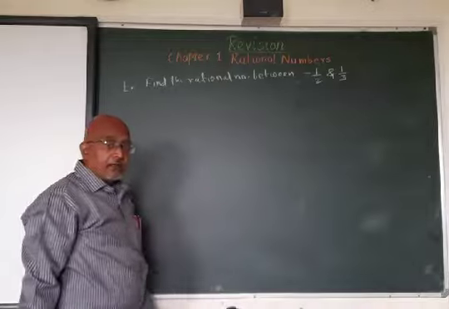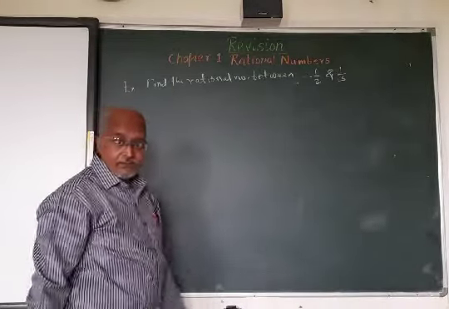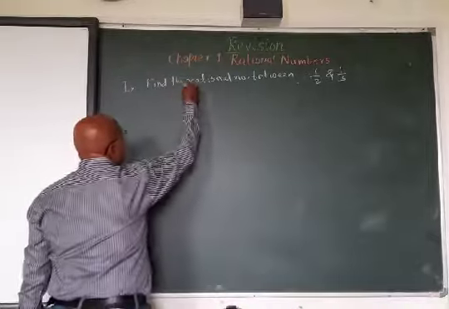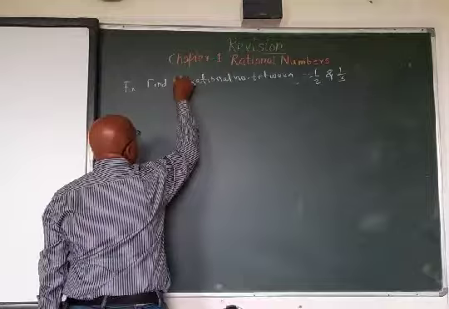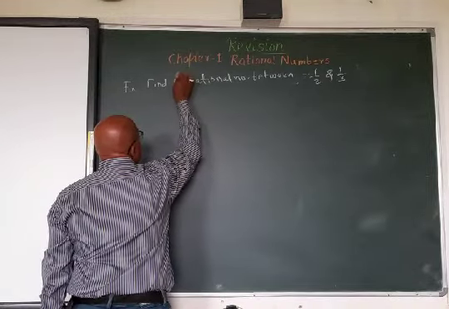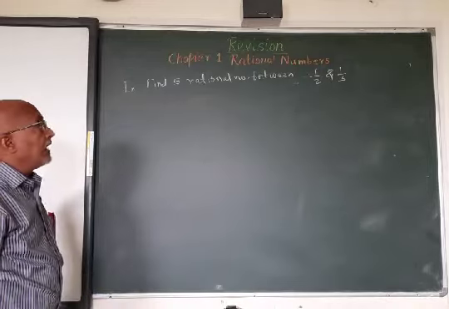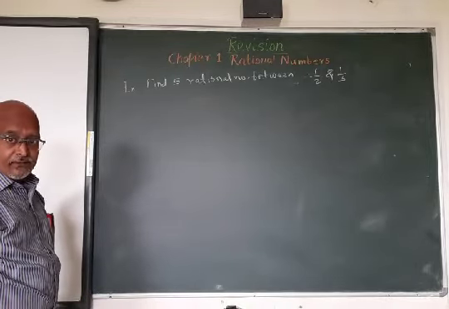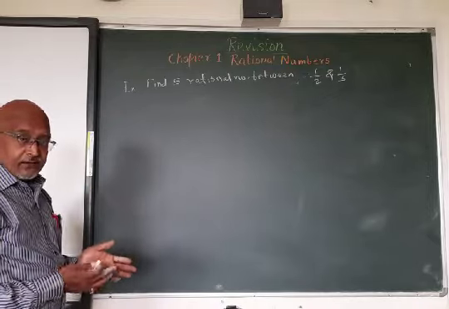But other than that, now if it is more than that, I will change it a bit: find 5 rational numbers between minus 1 by 2 and 1 by 3. Now it is a different scenario because 0 is only 1, so we cannot predict the others.